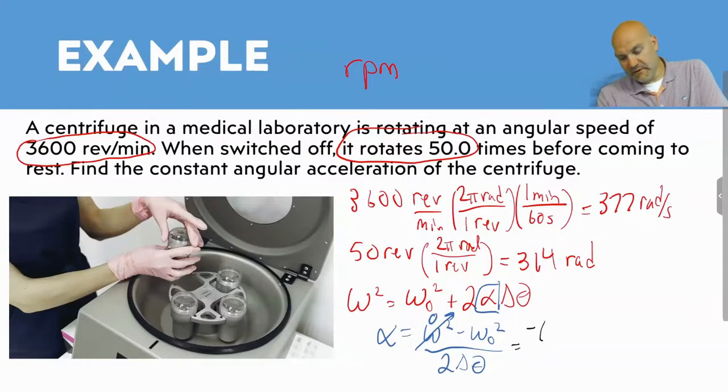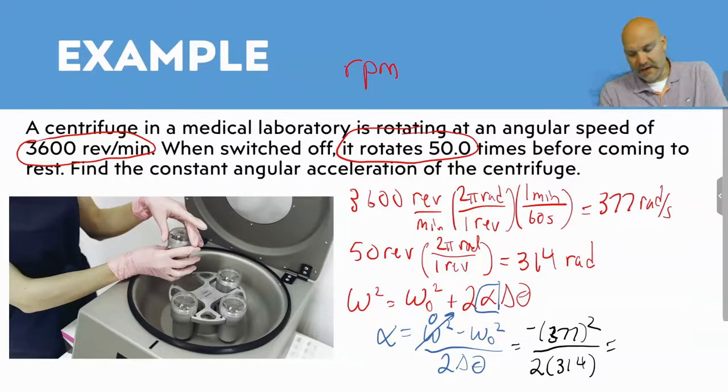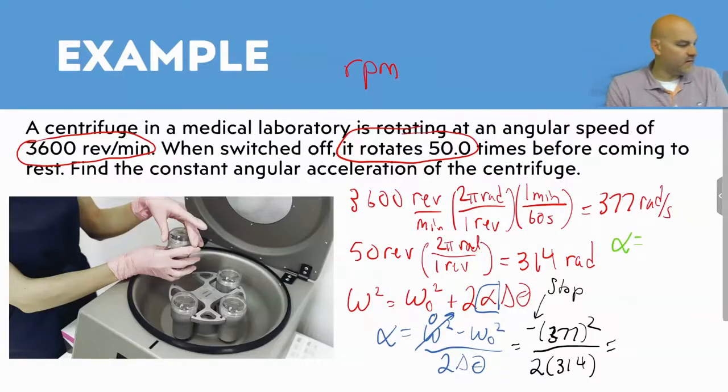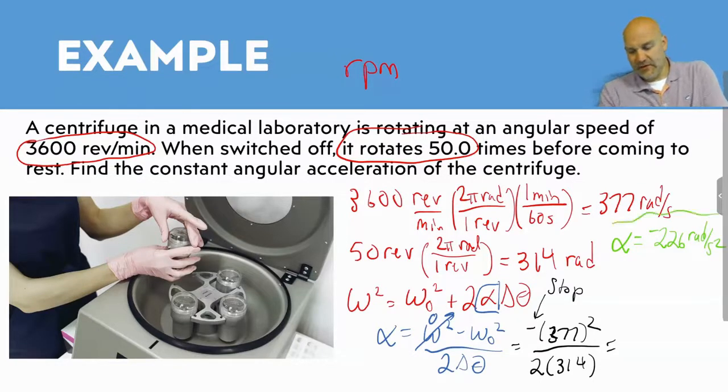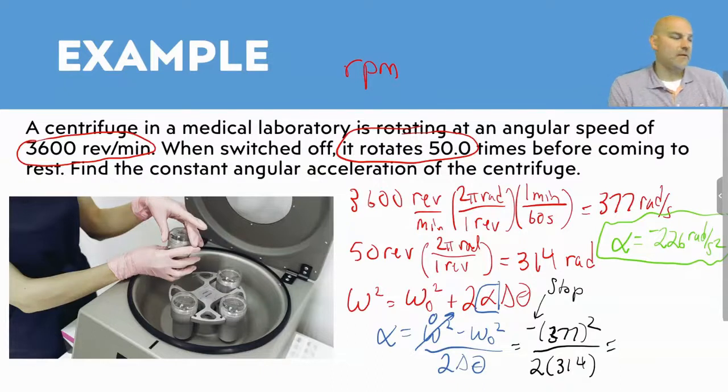So I have negative 377 squared over 2 times 314. The negative sign is because we're coming to a stop. And so my alpha is equal to negative 226 radians per second squared. That's the rate at which it comes to a stop.